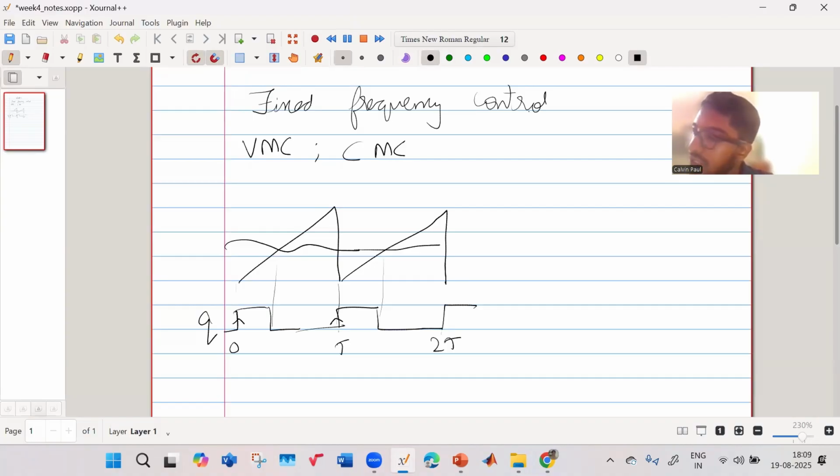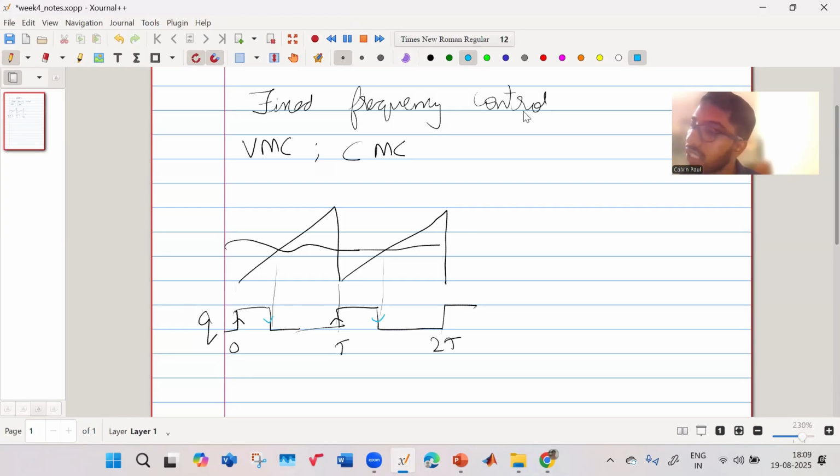What is changing is this. So the rising edge is fixed, but the falling edge is changing.